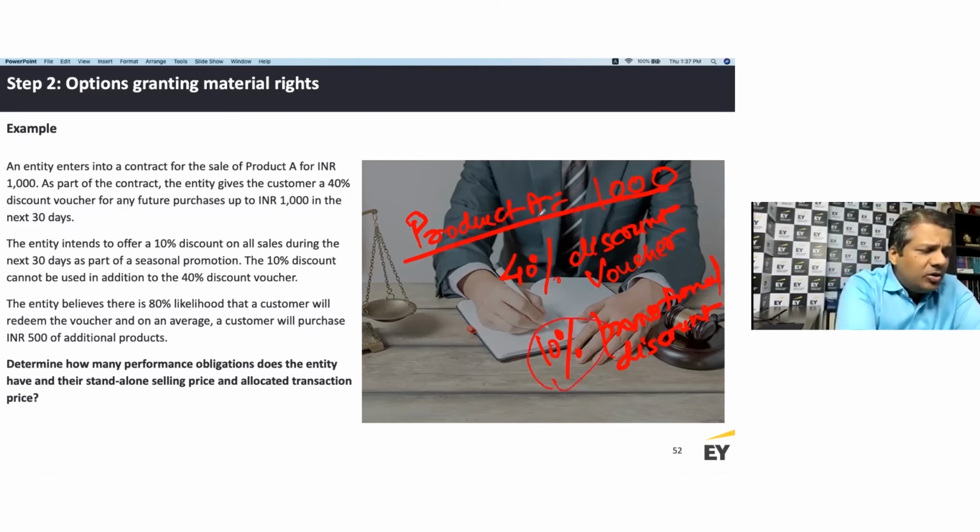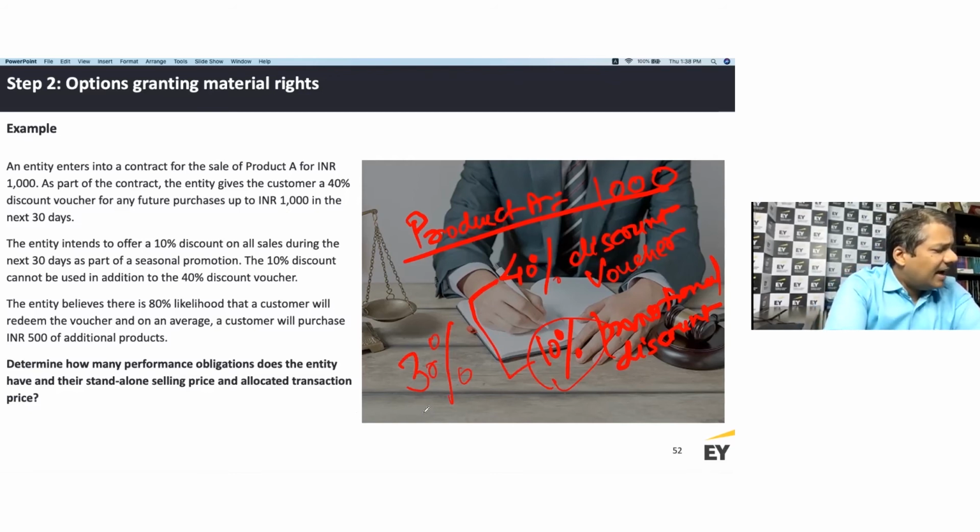So now, for me to get into this contract, the incremental benefit is 30%. The incremental discount which I'm going to give because I'm entering into a contract today is 30%. Now, how many customers do I expect will go for this scheme?